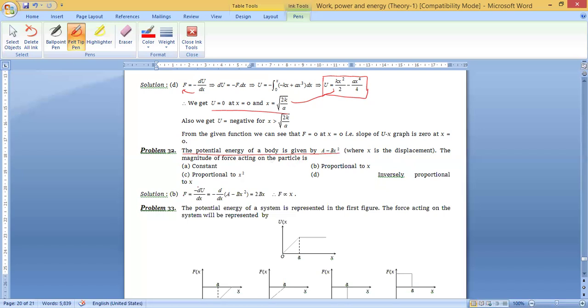So here F equal to minus dU by dx, minus d by dx. Putting the value, the differentiation of constant A with x is 0, minus minus plus B, the differentiation of x square is 2x, so we get 2Bx. So 2B is constant, F is proportional to x, so we get the answer proportional to x.